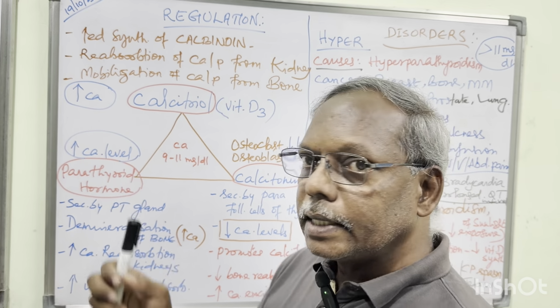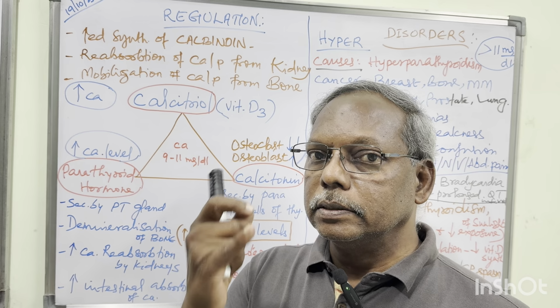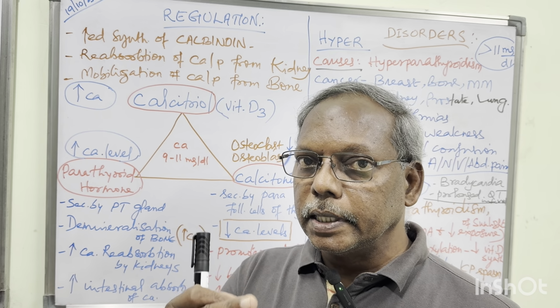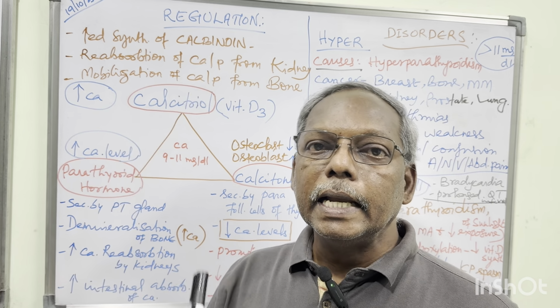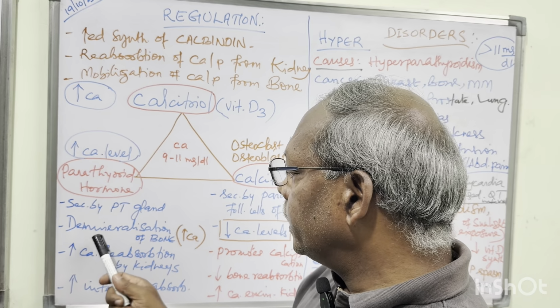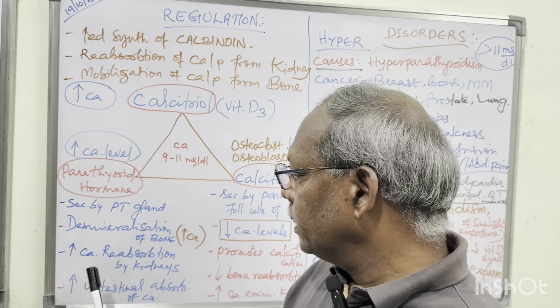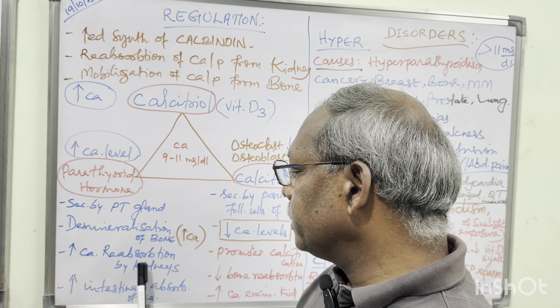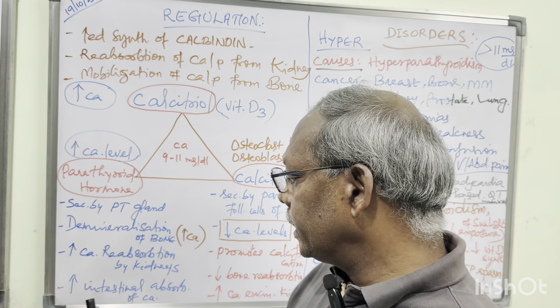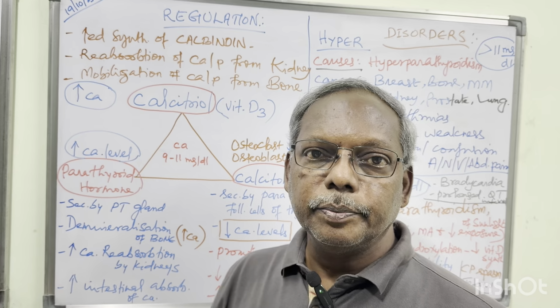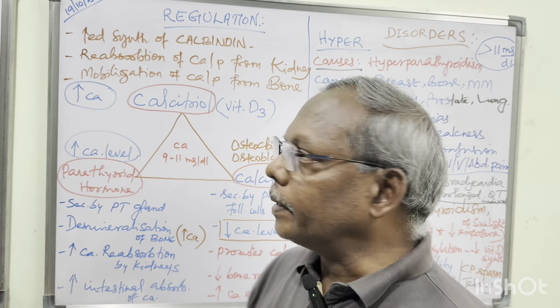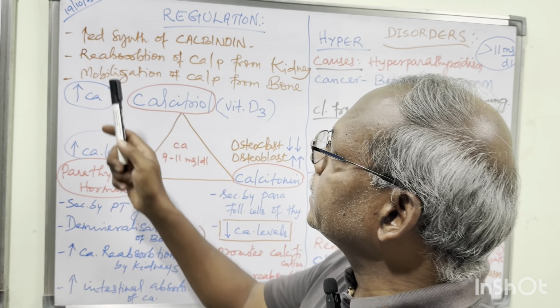Parathyroid hormone acts on three organs, that is bone, kidney and intestine, and elevates the calcium level. How? Demineralization of bone increases the calcium level, increased calcium reabsorption by the kidneys, and increased intestinal absorption of calcium by intestinal cells.